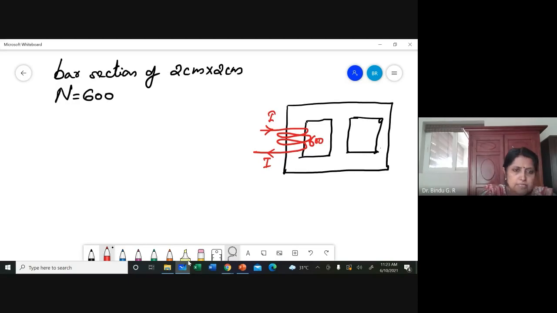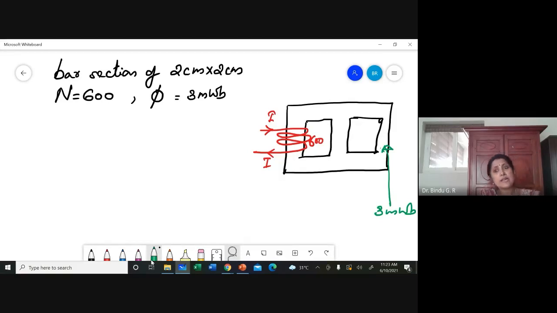It should carry a current so that a flux of 3 milliweber is produced in the right limb, which means the flux here should be 3 milliweber. Mu r is given as 800. Neglect leakage.